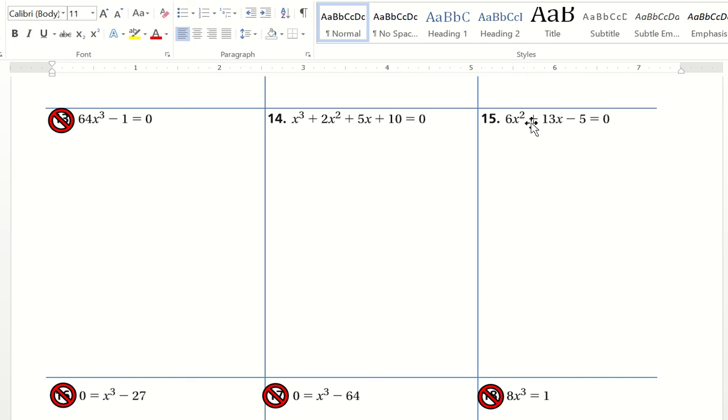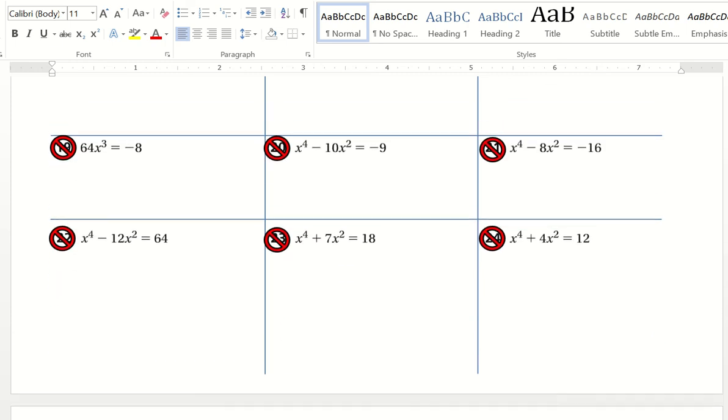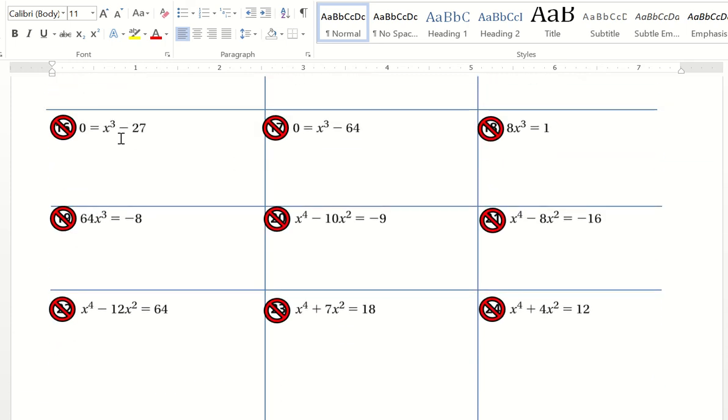Number 15 is an oldie but goodie. It's not factoring by grouping. You should be able to figure out how you can factor number 15, but it's not going to be by grouping, and it's one of our oldie but goodies. So, and then oh my goodness, all of these, difference of two perfect cubes, the same. This was that special one.